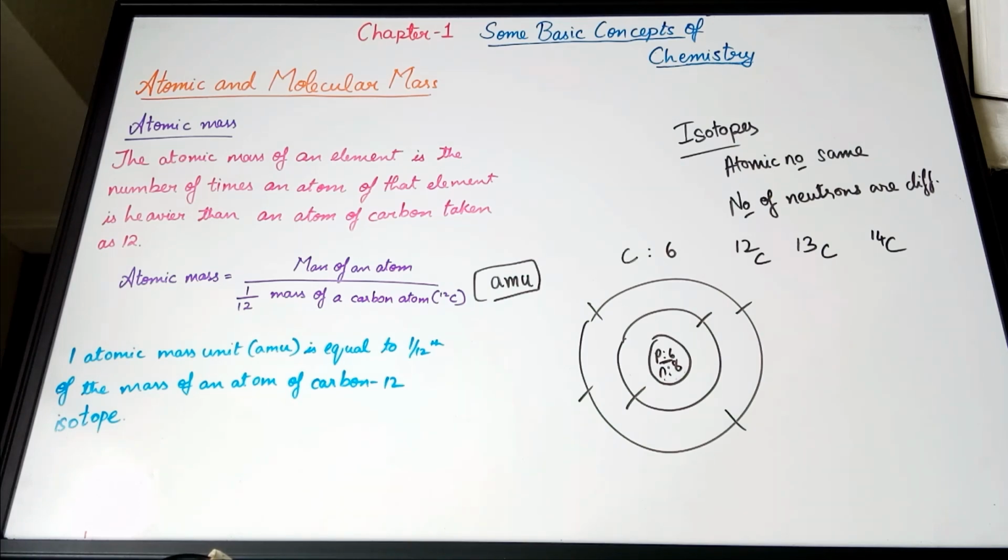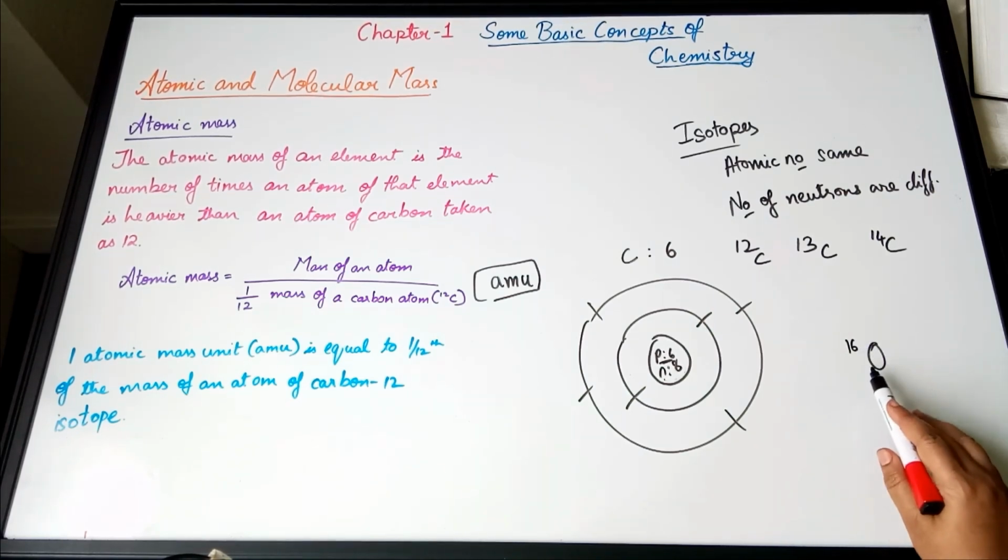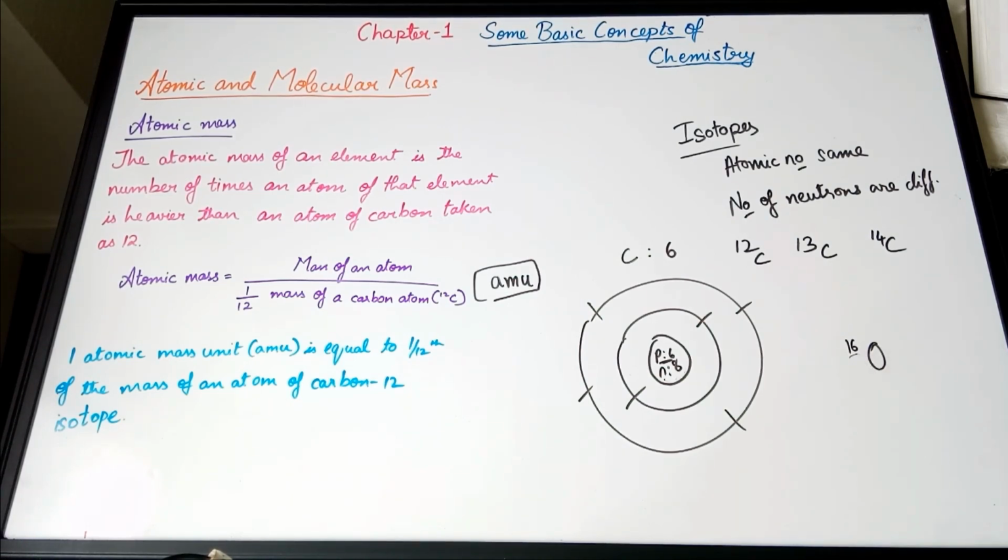So what happened was, before 1961, there were two standards being followed. Let's take oxygen for example. One set of chemists assigned the value of oxygen's mass as 16, and another set of chemists decided that the O-16 isotope of oxygen has the mass of 16.